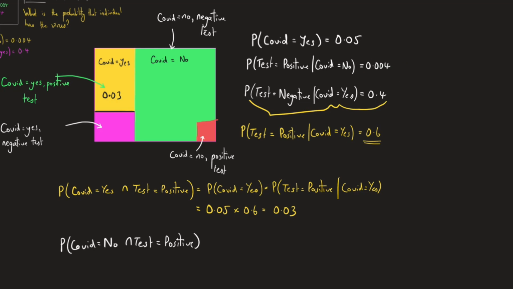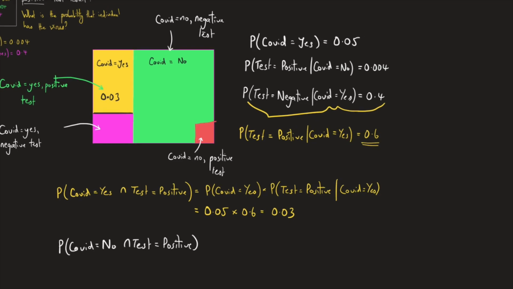So using exactly the same rule as we did before, the probability of an individual not having COVID and having a positive test is going to be equal to the probability that the individual doesn't have COVID times the probability that they have a positive test given that they don't have COVID.